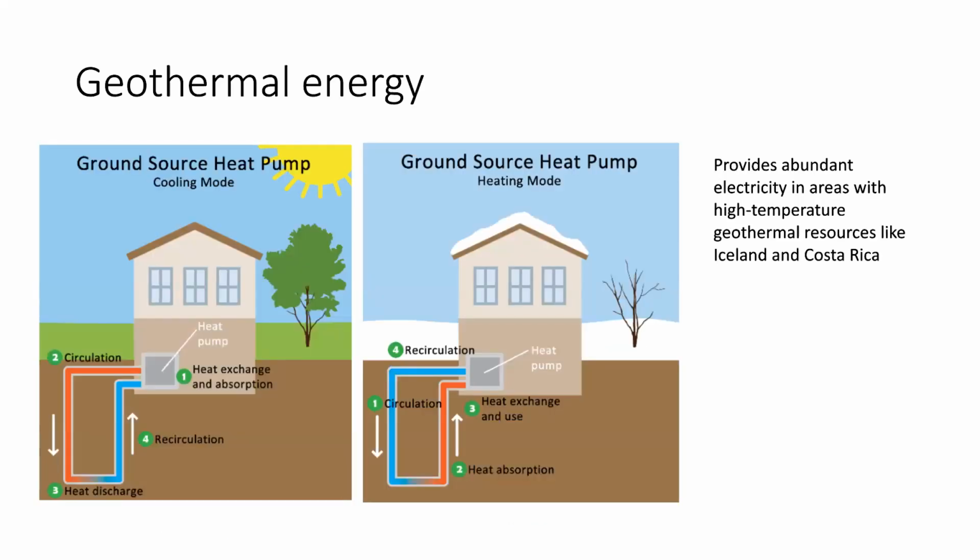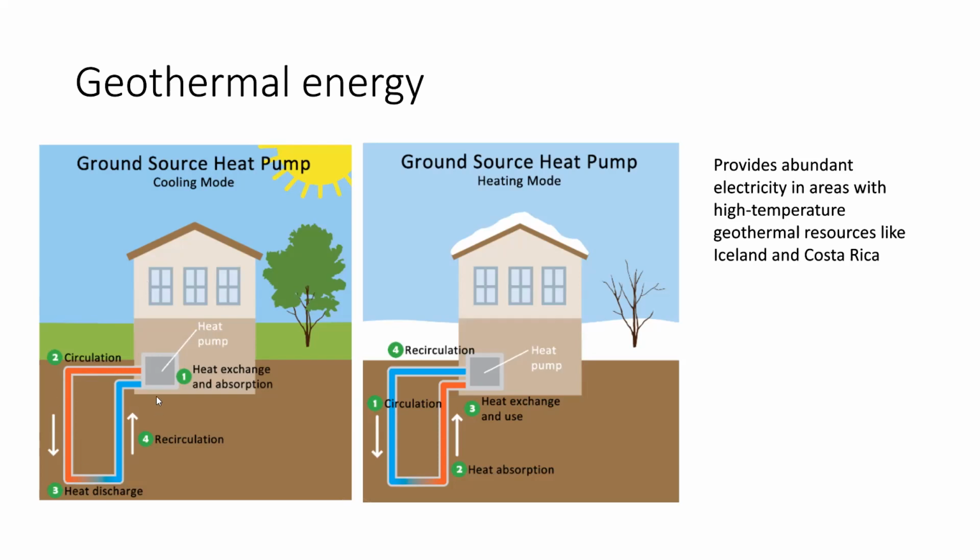And then one that you may not be as familiar with is going to be geothermal energy. So essentially using the energy of the planet to heat or cool your home. And we can see it works in the summer and the winter, because in the summer, the ground is actually going to be cooler than your home.